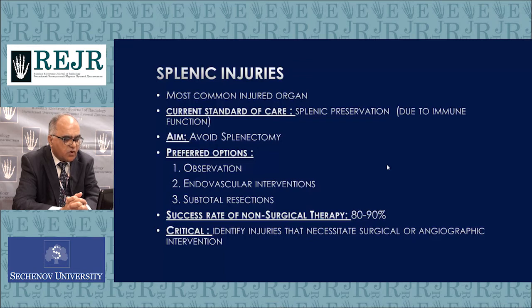Preferred options are observation, endovascular intervention, subtotal resection. Literature has shown that the success rate of non-surgical therapy is 80 to 90%. So critically, we have to find out the injuries that necessitate surgical or angiographic intervention.